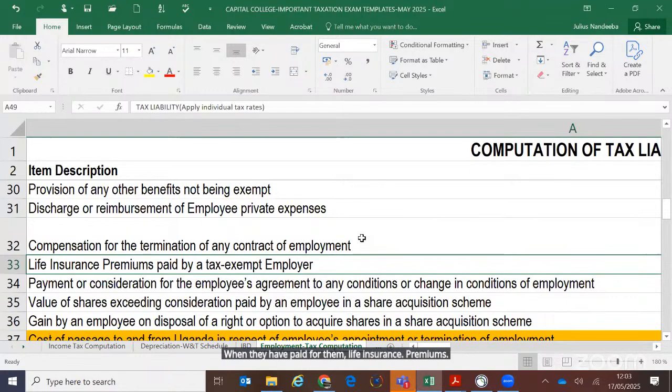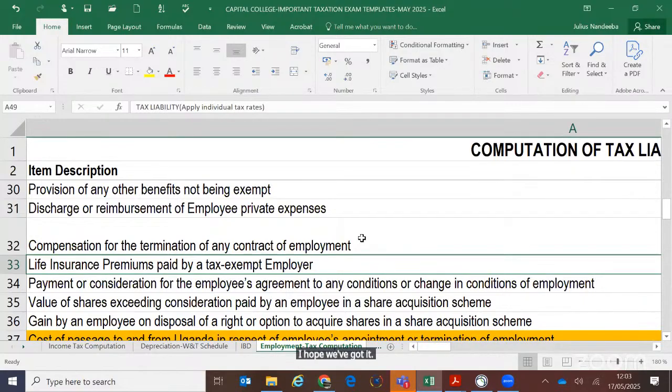When they are quiet about whether the entity is exempt or not exempt, you assume it is not exempt. And when it is not exempt, that life insurance premium becomes exempt in the hands of the employee. So it can fall under taxable or exempt. When does it become taxable? When the employer is exempt. When does it become exempt? When the employer is paying his income tax. I hope you've got it.